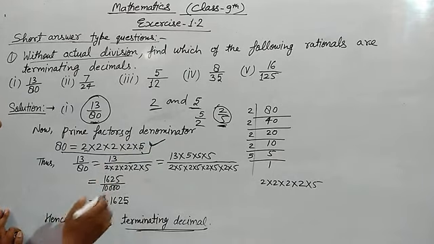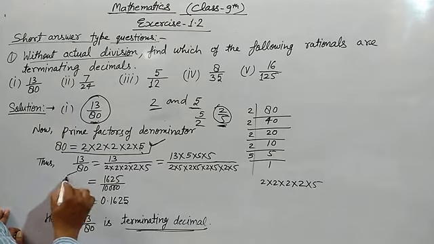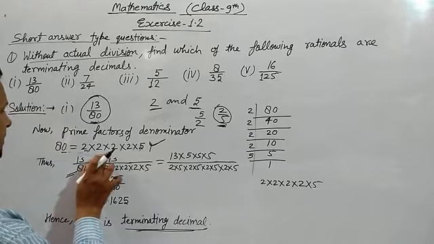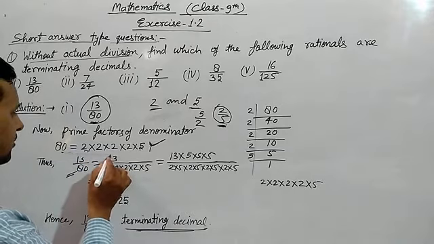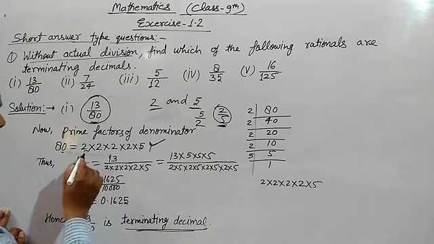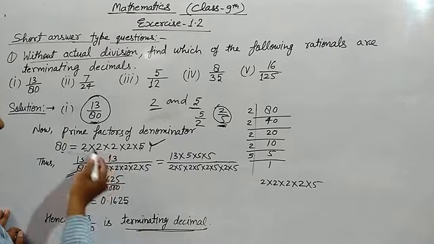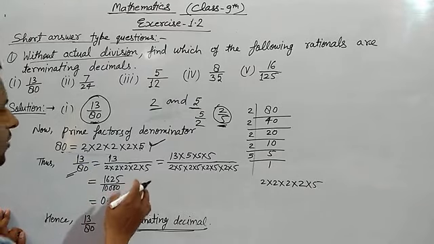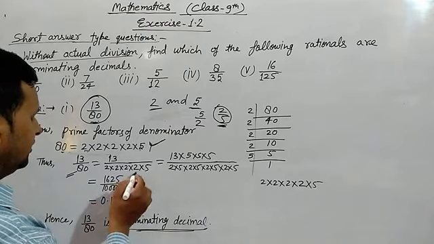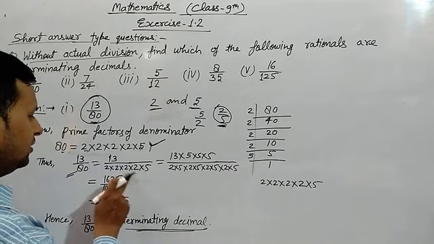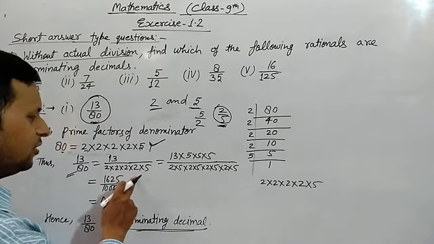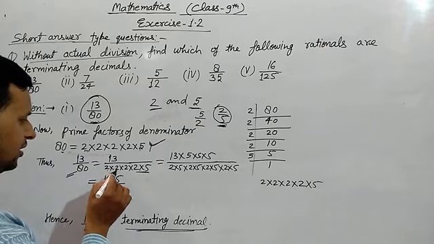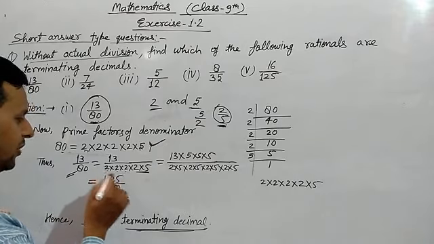We take the same question, 13 upon 80, and write it in this form with 2 into 2 into 2 into 2 into 5, because we have factorized 80. Now to solve it, we have to convert the denominator into the form of 10. 2 into 5 is 10, but here we need 5, here 5, here 5, for making it 10.